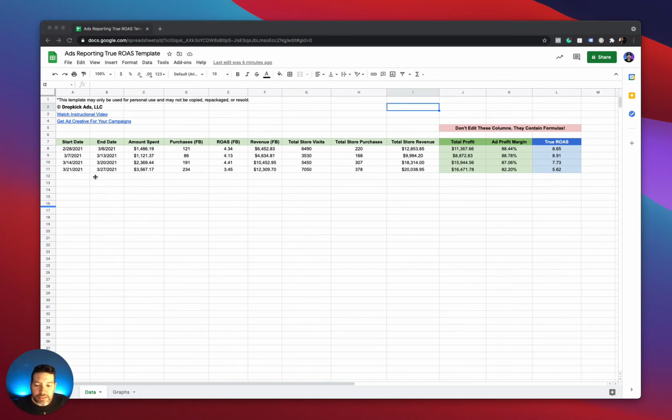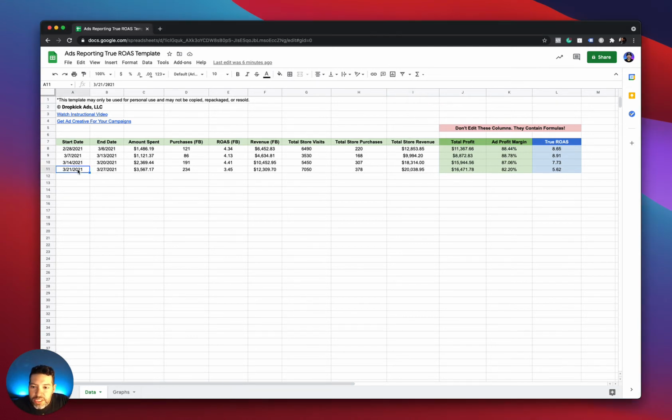At the very minimum, you want to do by week. And you want to give each week's worth of data at least a week of buffer. So I wouldn't fill in the week of March 21st through the 27th as soon as that last date is over.